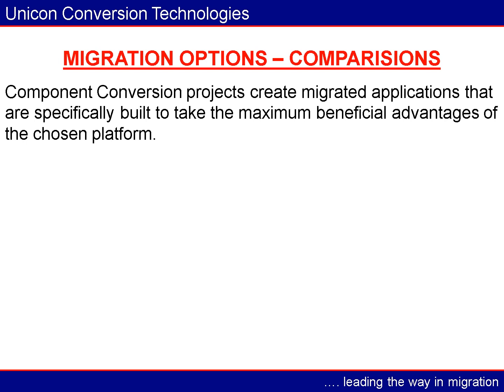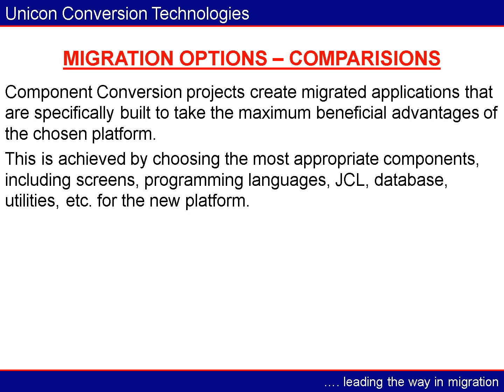Component conversion projects create migrated applications that are specifically built to take the maximum beneficial advantages of the chosen platform. This is achieved by choosing the most appropriate components, including screens, programming languages, JSON, database, utilities, etc., for the new platform.